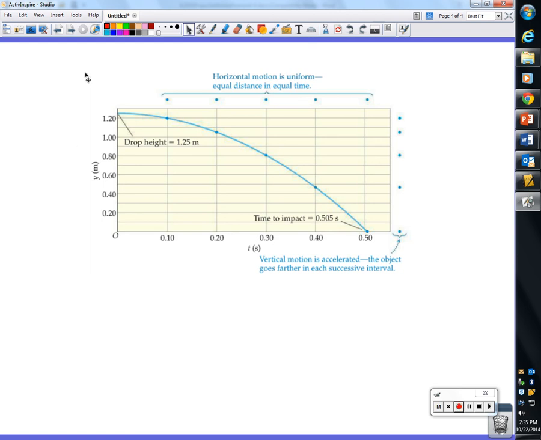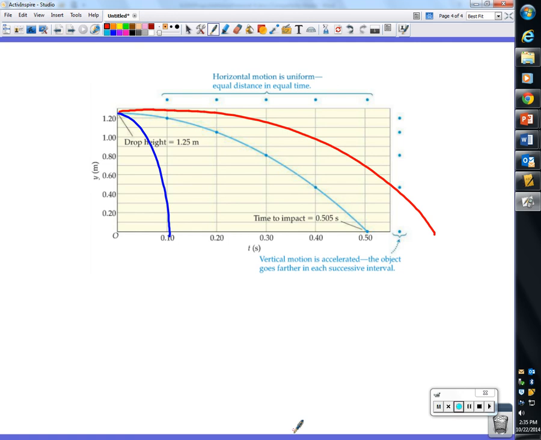A parabola or a projectile motion that has a small horizontal velocity would look like that. But a projectile motion that has a large horizontal velocity would look like that because it goes more horizontal distance. These would all take the same amount of time. It would take each one of these things 0.505 seconds because that's determined by the vertical motion.